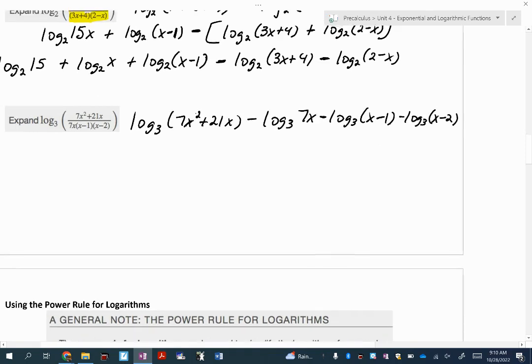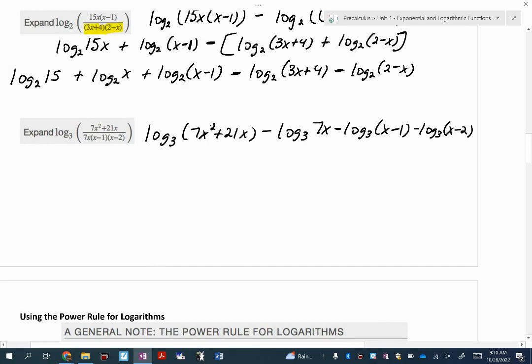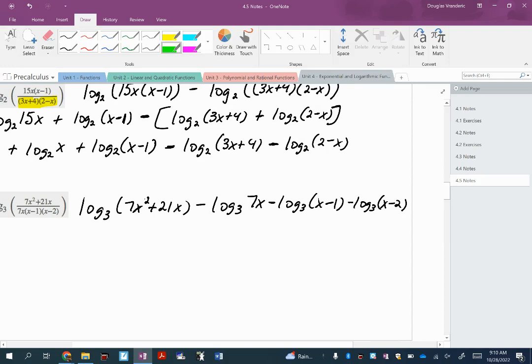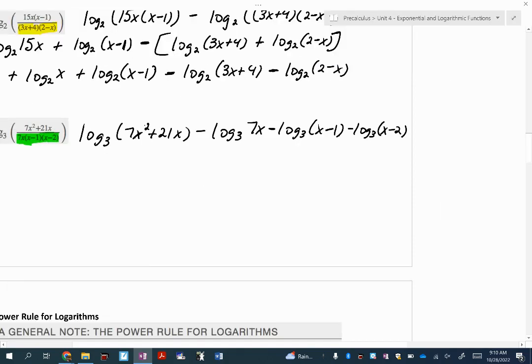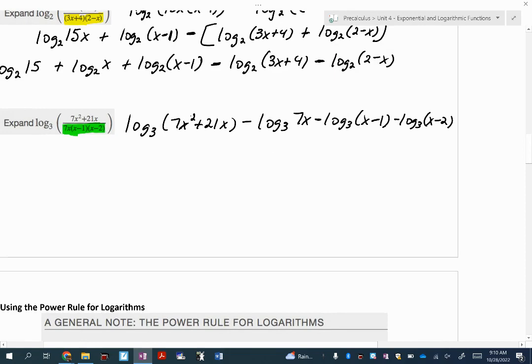So I did a couple steps there in my head: if it's in the denominator, when I separate it into its own logs, all three of those have subtraction in front of them because they go in the bottom.